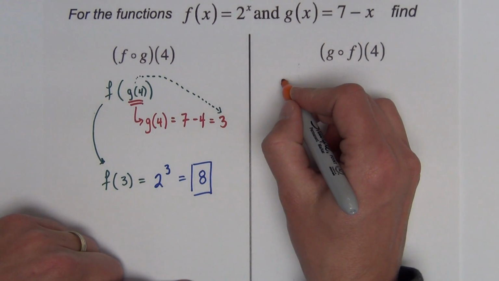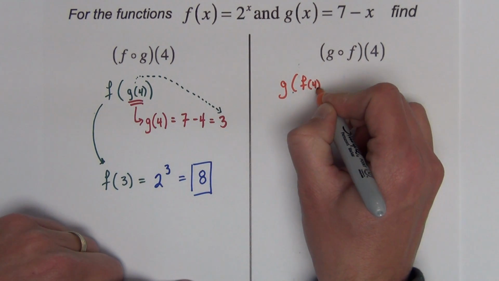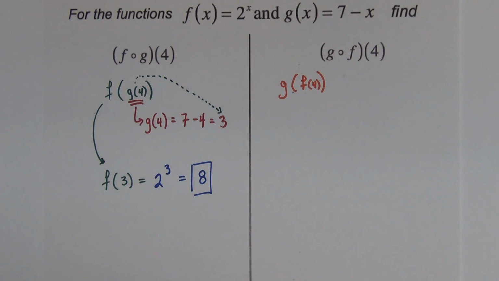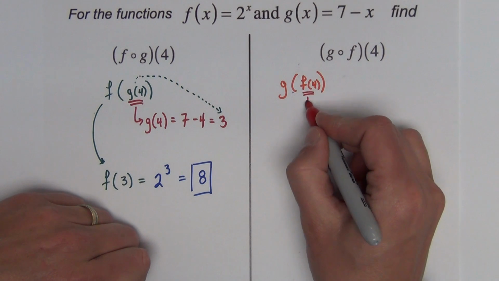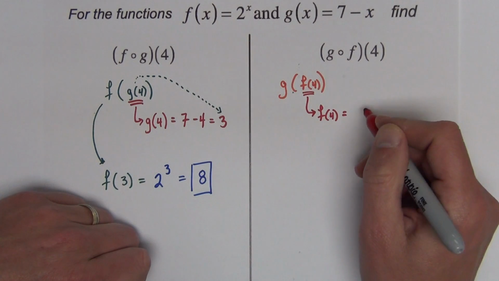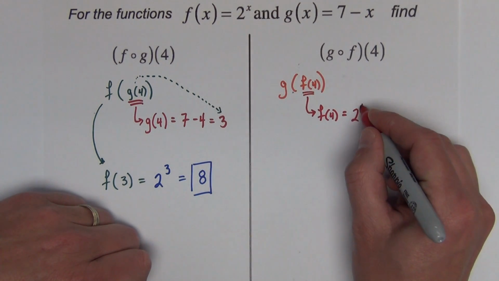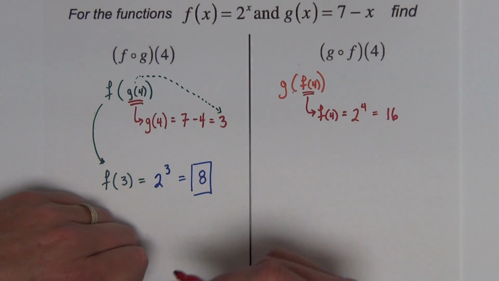This last one says g of f of 4. So again, just like I did in the previous problem, I'm going to start inside the parentheses. I'm going to start right here. I'm going to find f of 4. So using the f function right here, we want 2 to the 4th, 16.